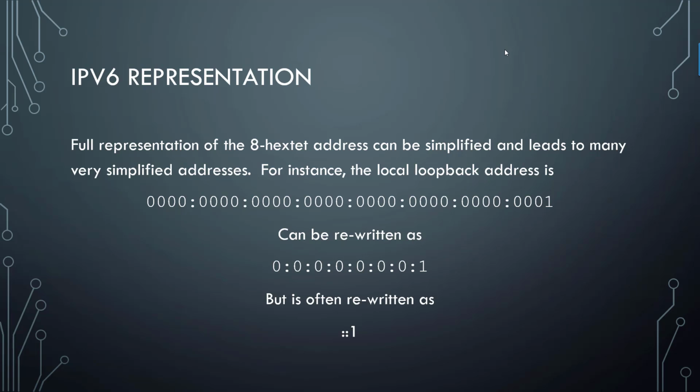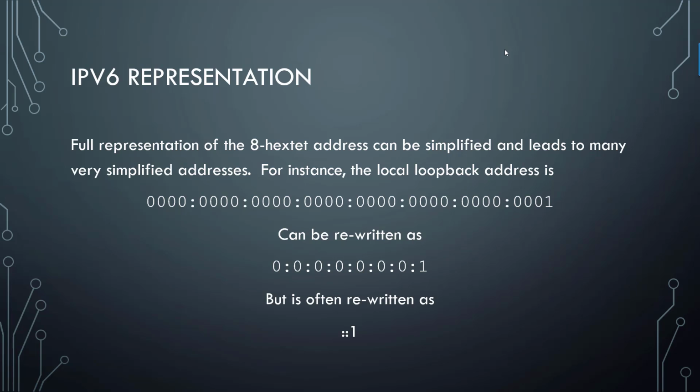So the representation of an IPv6 address can be simplified. And so we can make many very varied simplified addresses. A loopback address in IPv6 is noted as ::1. But that's really a bunch of zeros followed by a 1.